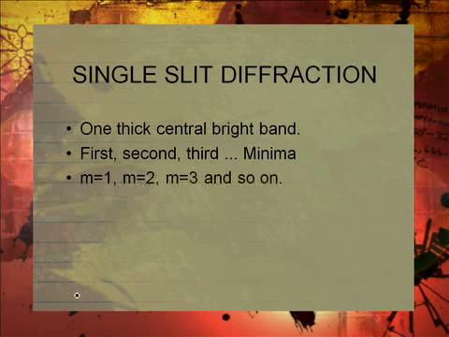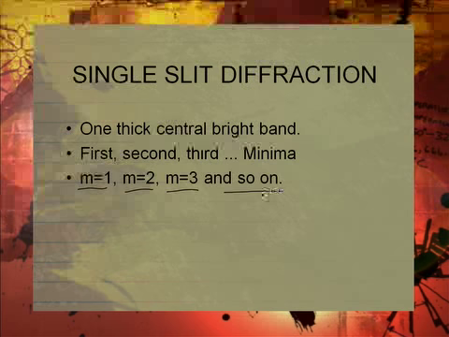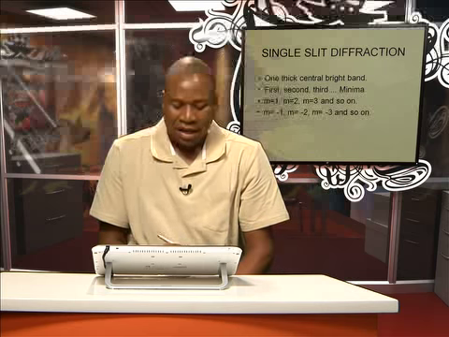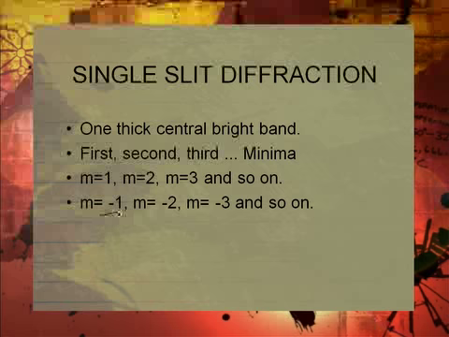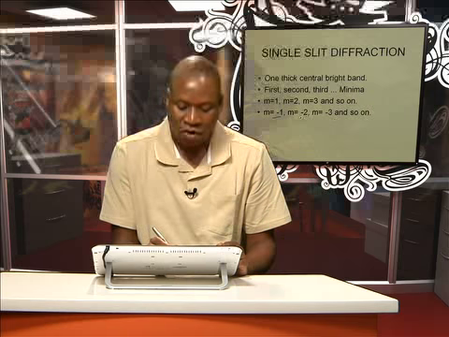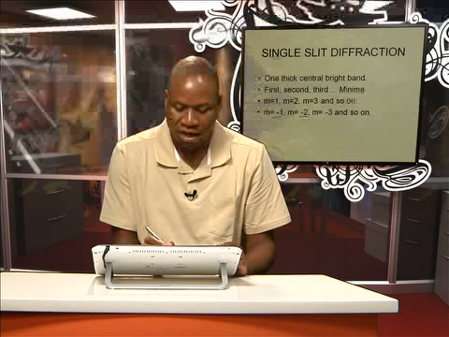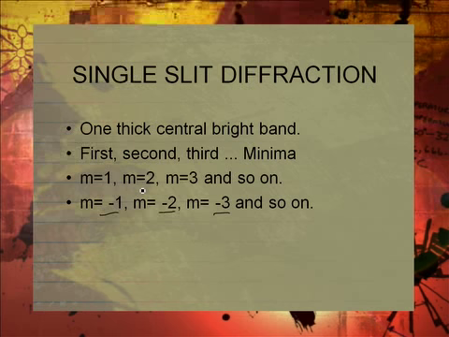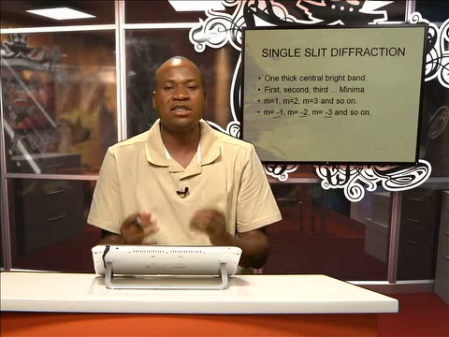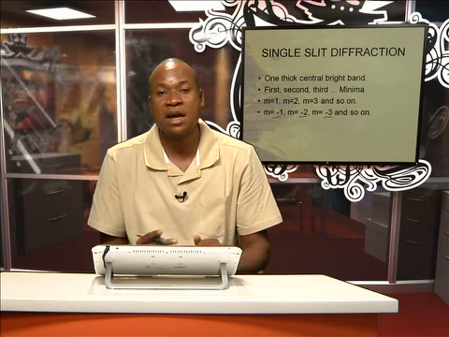And you will have minima 1, minima 2, minima 3, and so on. You can have minima 4, minima 5, and whatever. Below it, or on the left side of it if it's horizontal, we'll call the first minima minus 1, minus 2, minus 3. These values do not have mathematical meaning, but only tell us the position where they are.